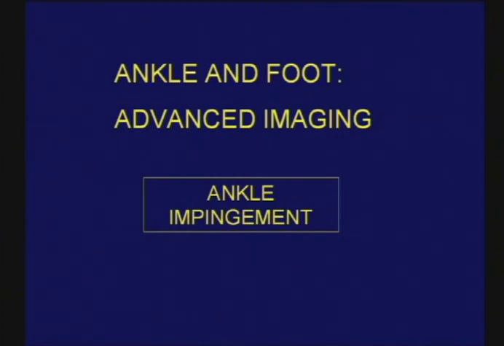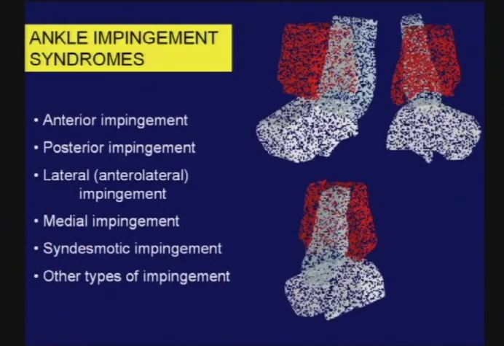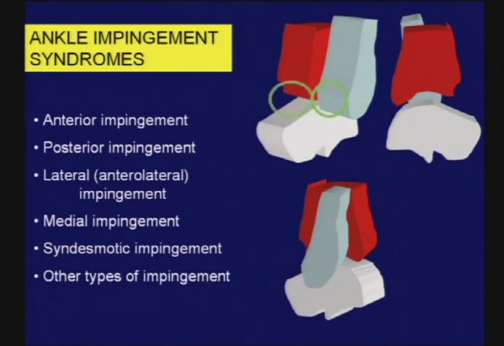Basically, what we are looking for is some condition about the circumference of the ankle joint that is leading to a restriction in ankle motion, often associated with pain. Through the years, what started as a simple concept has expanded because virtually every single quadrant about the ankle has now become the source of causes of ankle impingement, and various names have been applied to them, as you can see here.